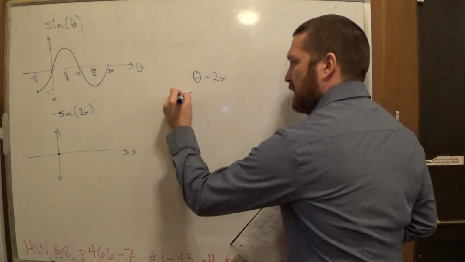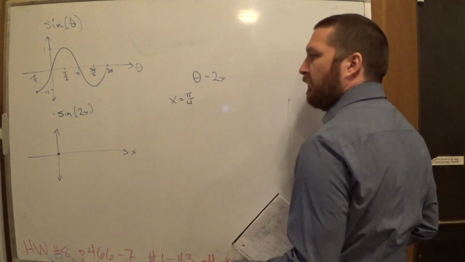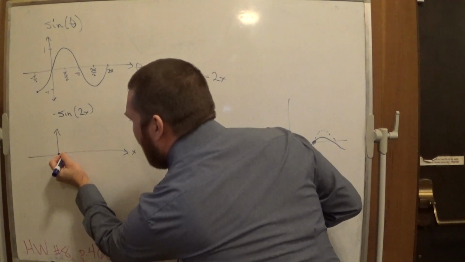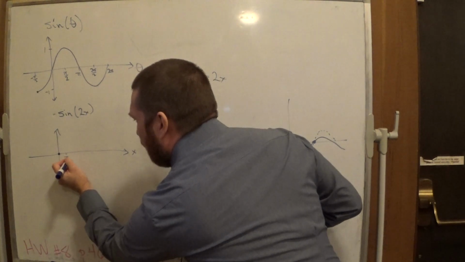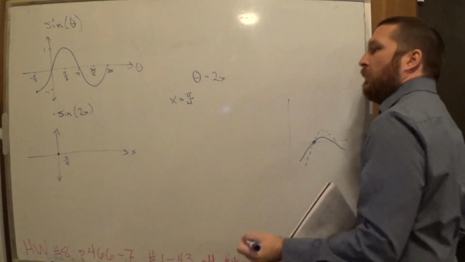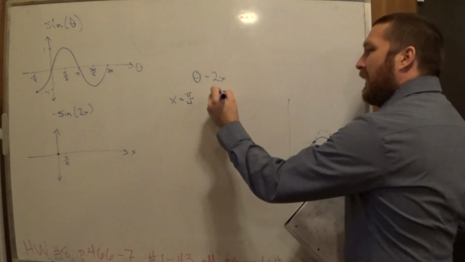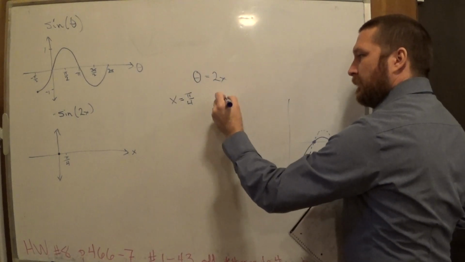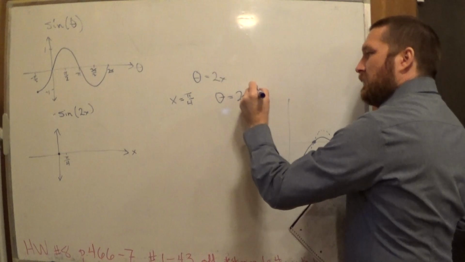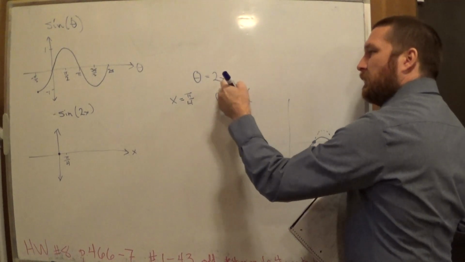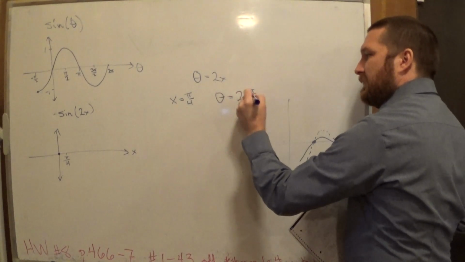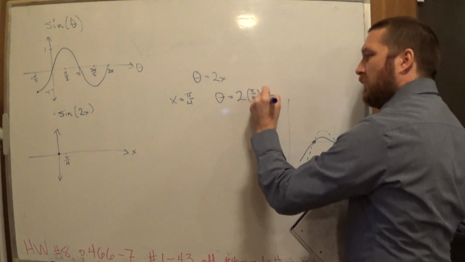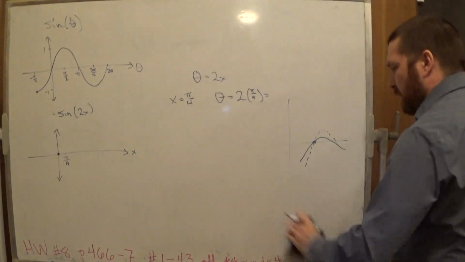Okay, so now check out what happens when x is equal to pi over 4. So now we're going to graph what happens here at pi over 4. Well, now let's think about this in terms of our original function. So since theta is equal to 2 times x, we have theta is equal to 2 times pi over 4. And what's 2 times pi over 4?